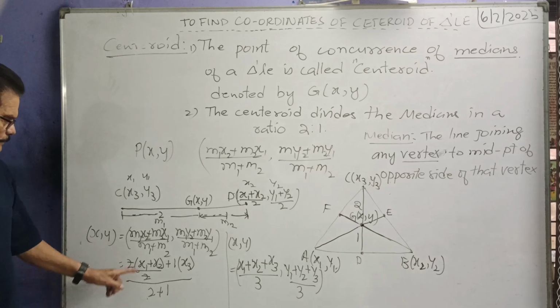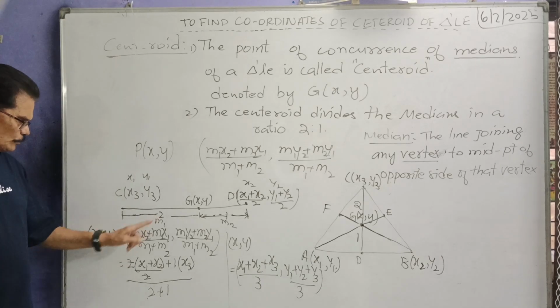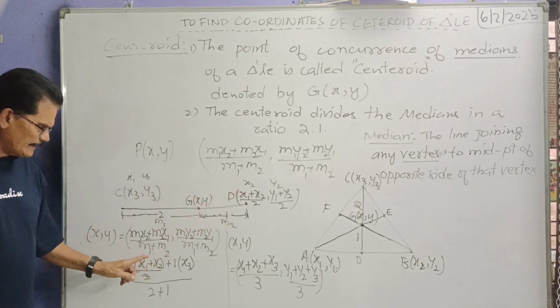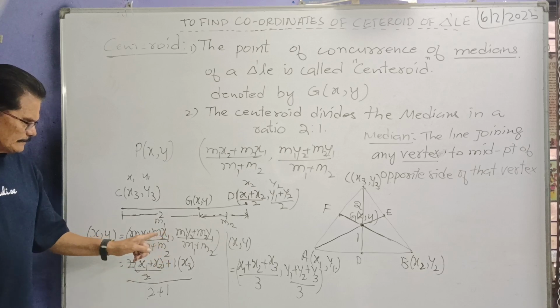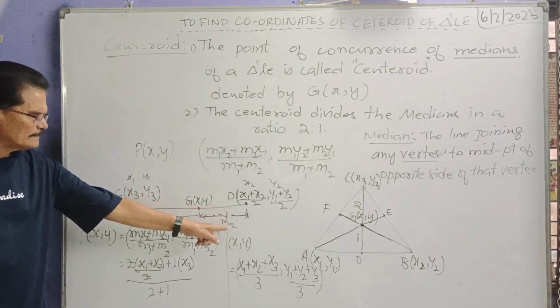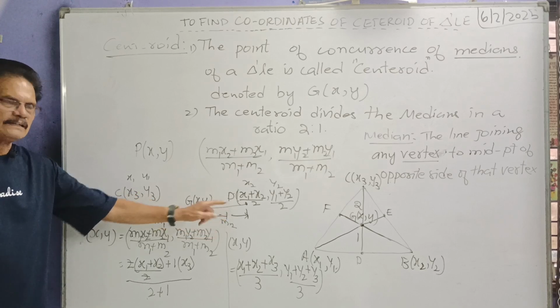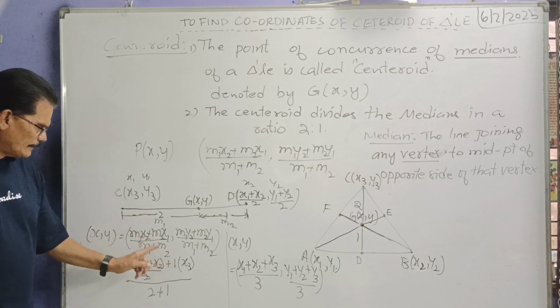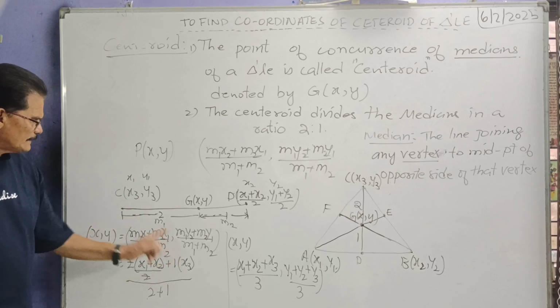So now what is m1? 2. What is x2? x1 plus x2 by 2. Plus m2, which you can see is 1, times x1, which here is x3.